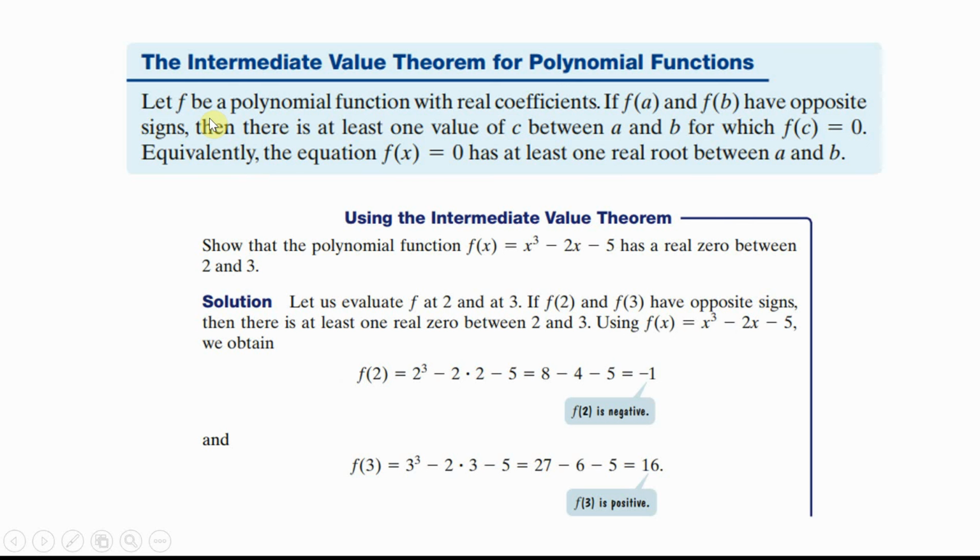The intermediate value theorem for polynomials is based off of what we just talked about, in terms of whether the graph touches at the x-axis or crosses. How are we able to determine sometimes if it crosses?